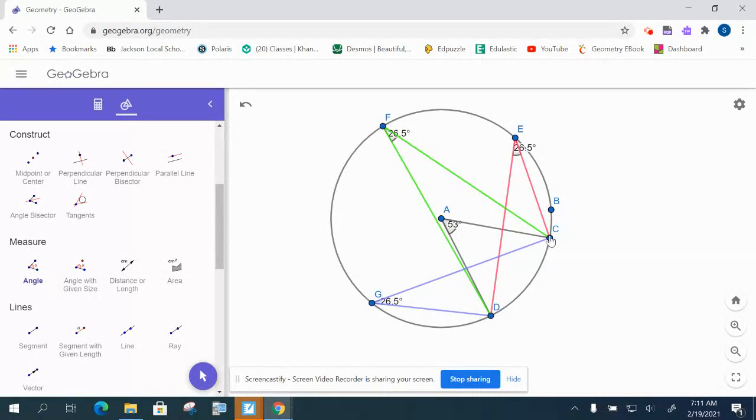If the measure of central angle CAD is 53, then the measure of the arc is 53. And guess what? If you take 53 and divide it by 2, you get 26.5. So the measure of the inscribed angle is half of the measure of its intercepted arc.